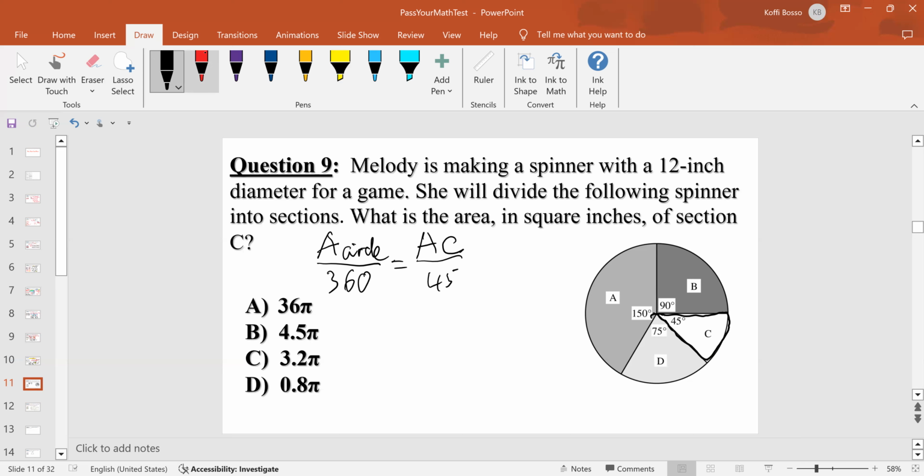Okay, that's the general formula. I'm going to solve this problem in 2 different ways.